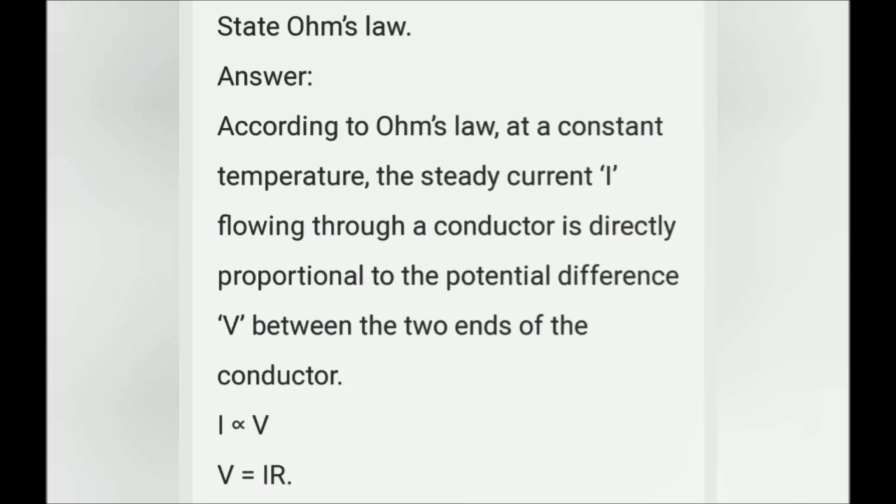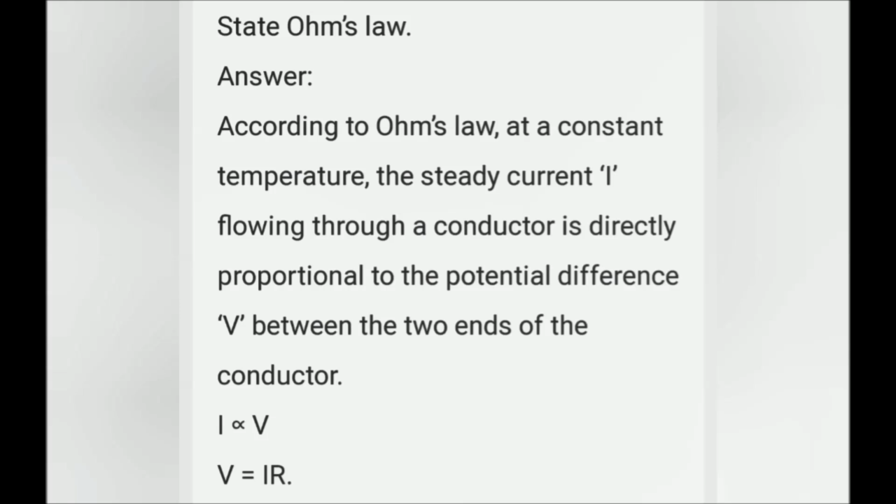State Ohm's law. A German scientist, Georg Simon Ohm, established the relation between the potential difference and the current, which is known as Ohm's law. According to Ohm's law, at a constant temperature, the steady current I flowing through a conductor is directly proportional to the potential difference V between the two ends of the conductor.